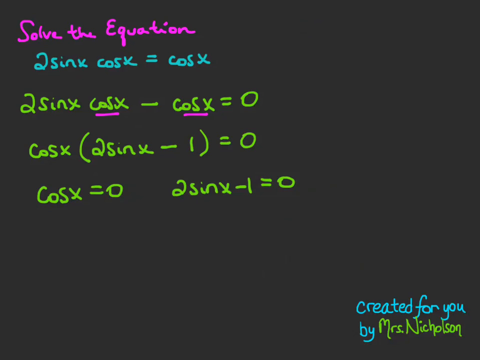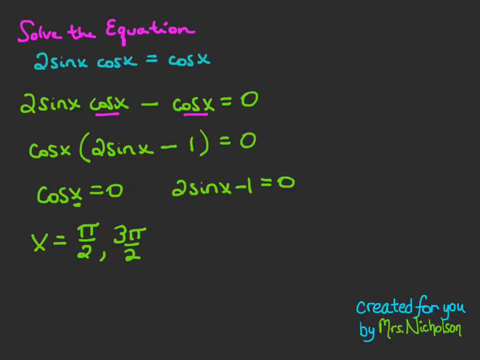My first equation has cosine, the other equation has sine. So I've got them split up now. So let's start with cosine x equal to 0. I'm looking at my unit circle, looking for which angles have a cosine of 0. And that, of course, happens at x equal to pi over 2 and 3 pi over 2.